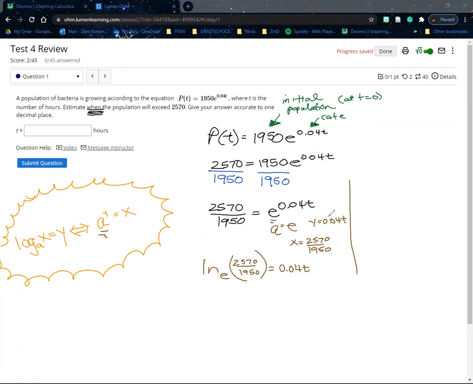Does that make sense? The other thing you can do, and again, this gets you to the same place, is you could just take the natural log of both sides.